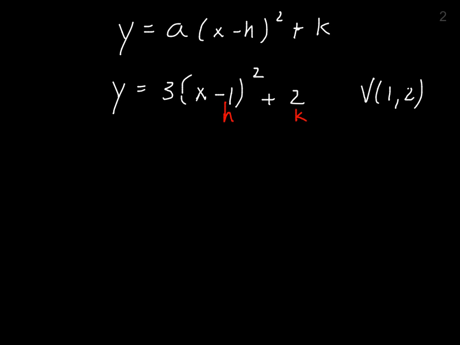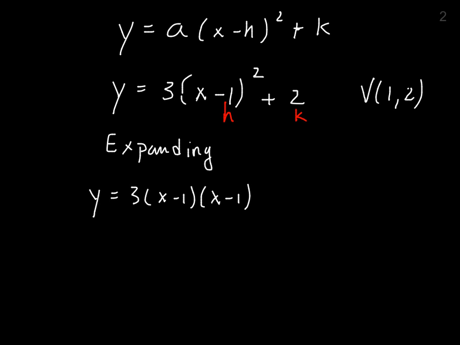Now let's see how we can convert from standard form to general form. To convert from standard to general, what we do is expand. So we have y equals 3 times (x minus 1) times (x minus 1) plus 2.